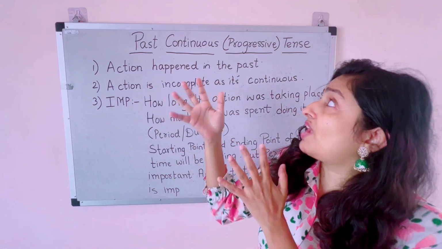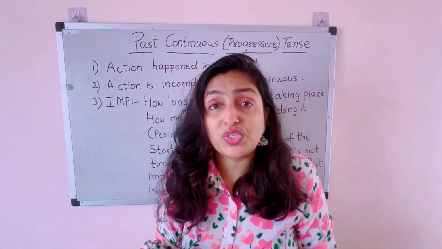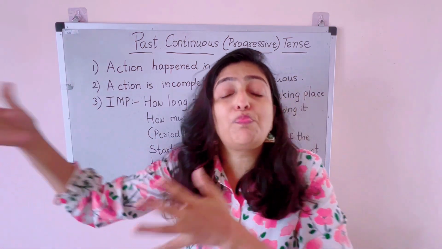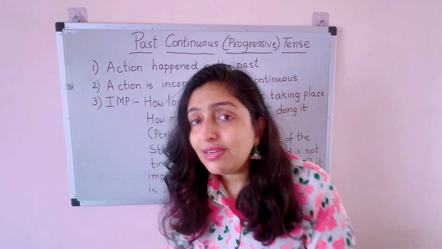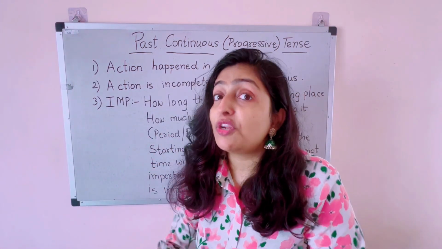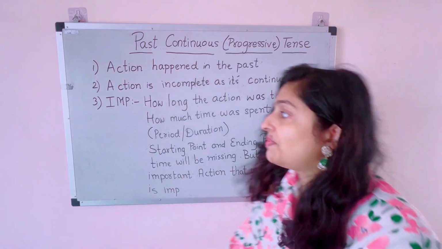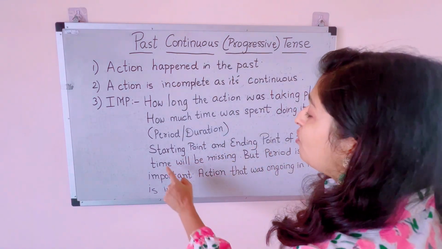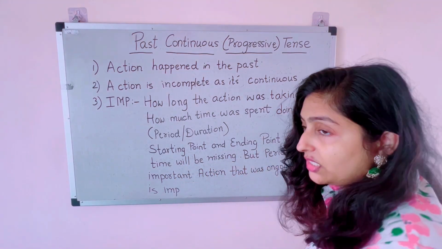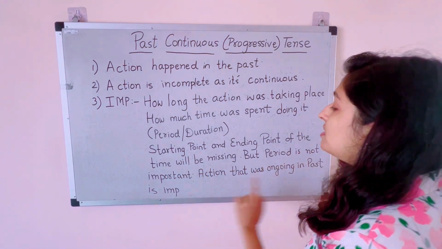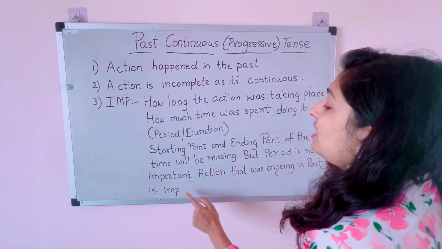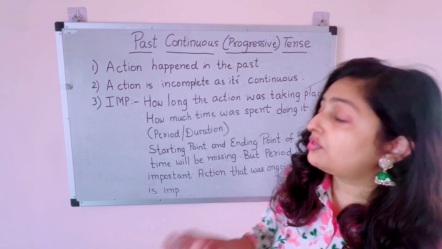In past continuous or progressive tense, we need to know how long the time was spent in that action or event. But the thing is, the starting point and ending point of the time will be missing. The action that was ongoing in the past is important.